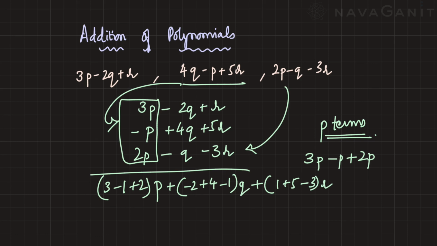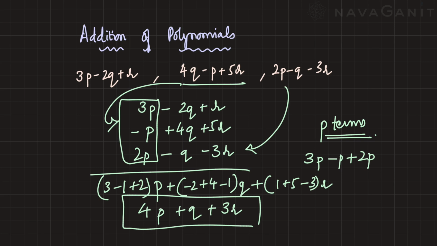So this is nothing but 4p plus q plus 3r. This is the final result. Thus the sum of the polynomials would be 4p plus q plus 3r.